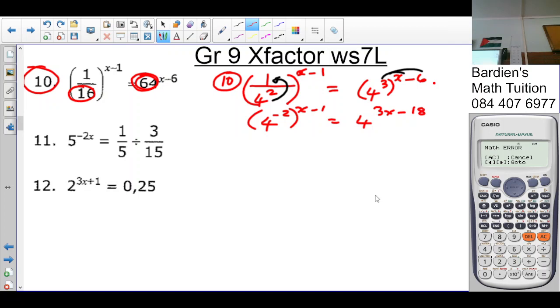Now what do we do? Get rid of the brackets again. So it's 4 to the negative 2x plus 2 equals 4 to the 3x minus 18.